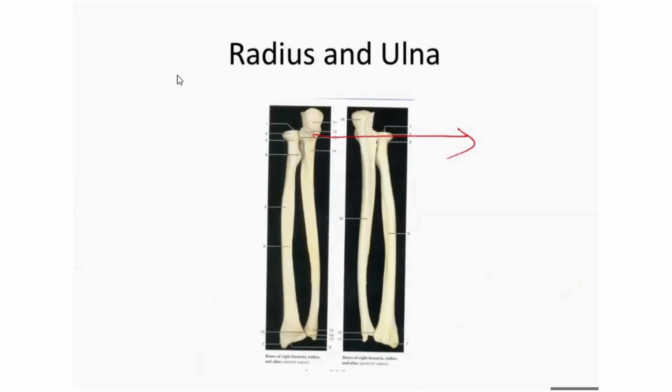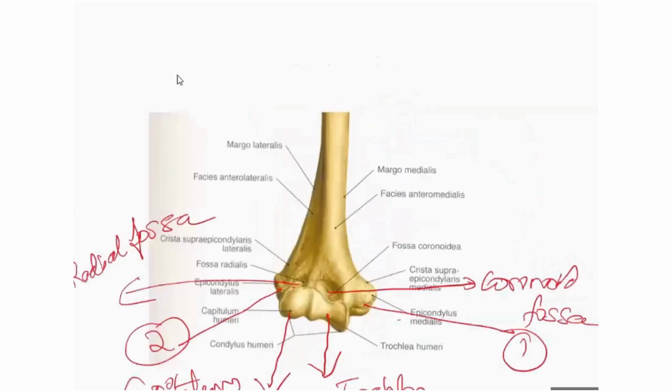Again, when you flex, the head of the radius comes and lodges in the radial fossa of the humerus. Now you are extending your elbow. Normal articulation is present: the trochlea articulates with the ulna and the capitulum with the radius.